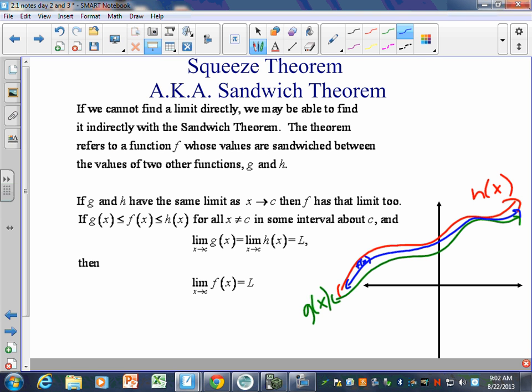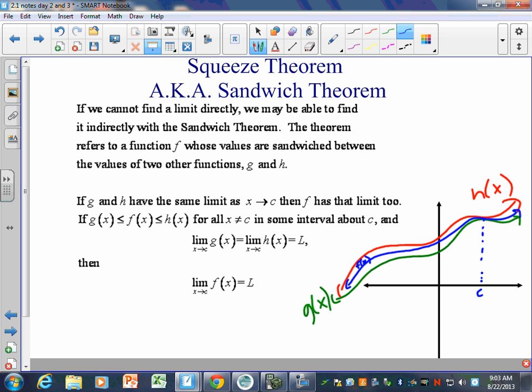And this would be my C value, because they're all going to have the same limit. Sorry, just cross it out and start again. You can't erase it these days.